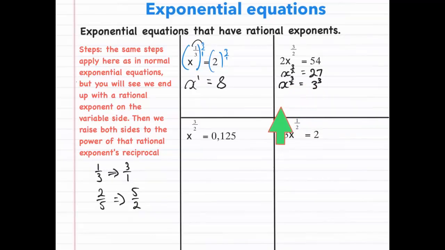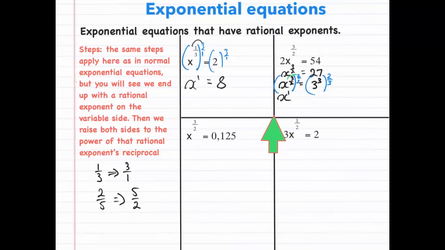So now I want to raise this side to that reciprocal, which will be 2/3. And I want to do the same on this side, which will be 2/3. And then I can simply write my x. And then we know that 3/2 times 2/3, when we take a fraction and multiply it with its reciprocal, we always get a 1.